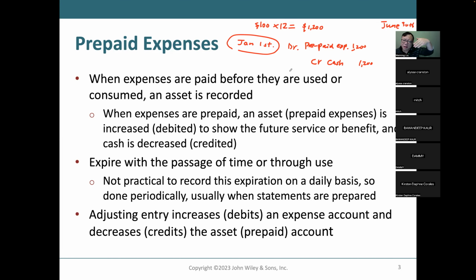How many months have passed since January 1st? So we are talking about June 30th, right? This is the year end. I need to make an adjusting entry. So how many months have passed since January 1st?